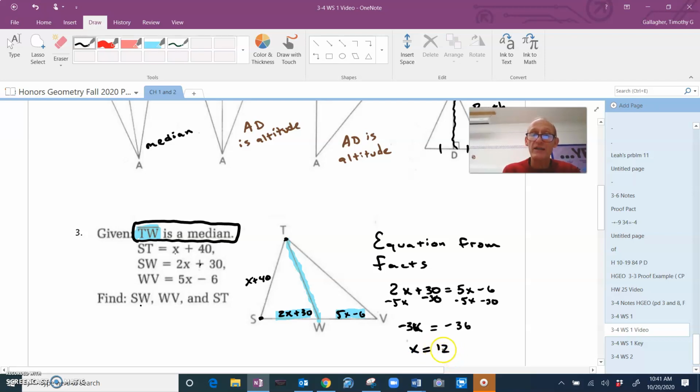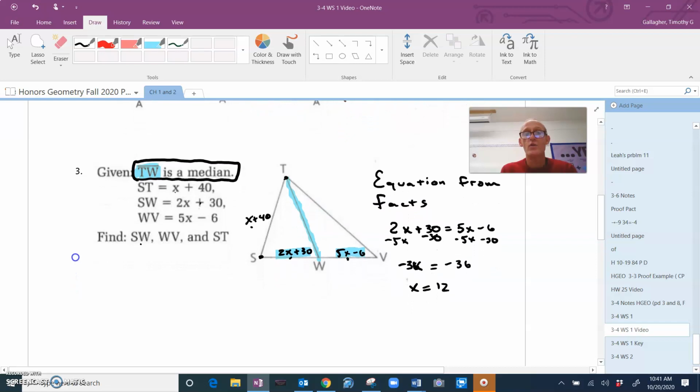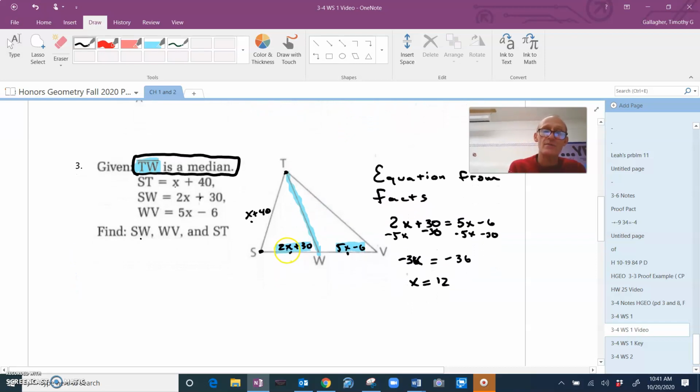Now, substitute it back in. Here, here, and here. And we get the length. So 2 times 12 is 24, plus 30 is 54. And this is 54 because the two segments are congruent. And then 12 plus 40 is 52. So there you have it.